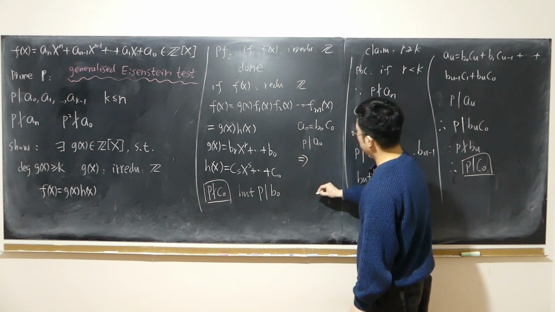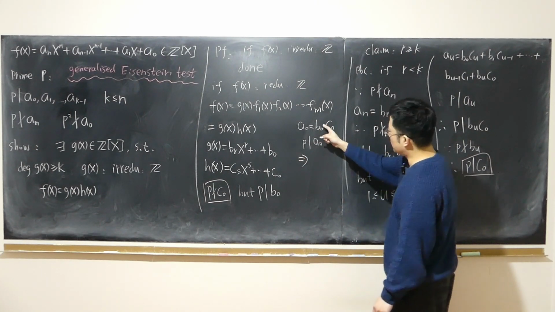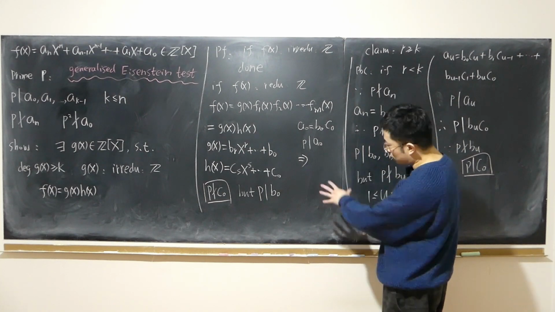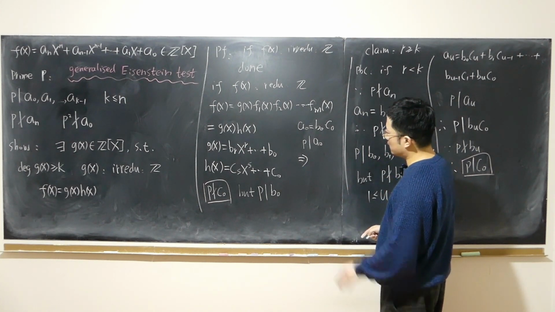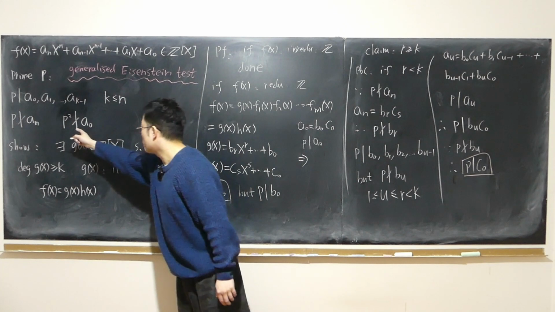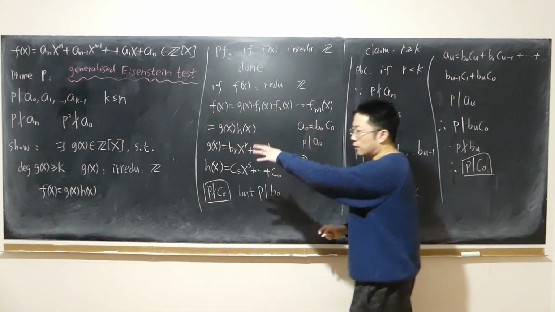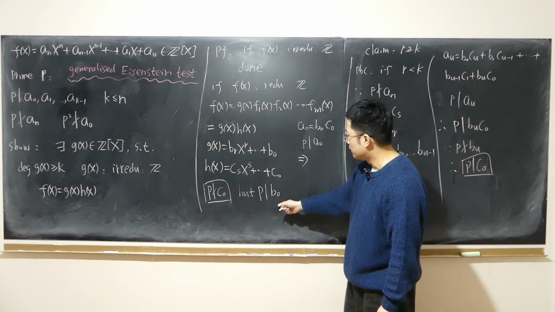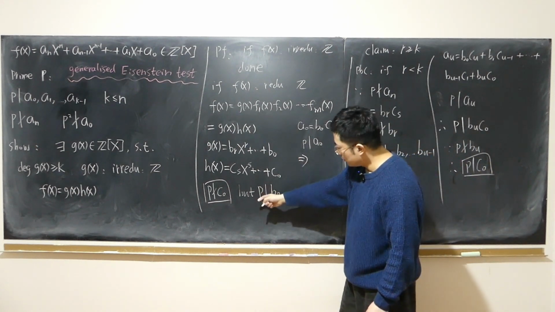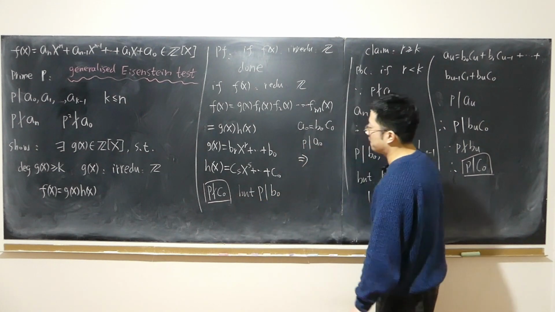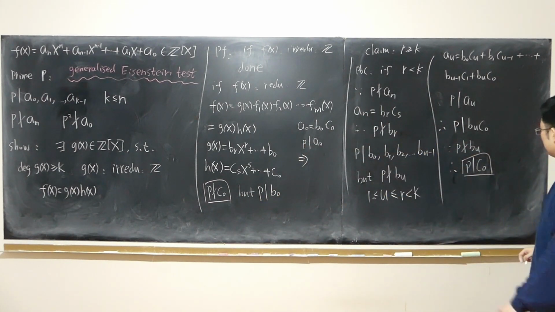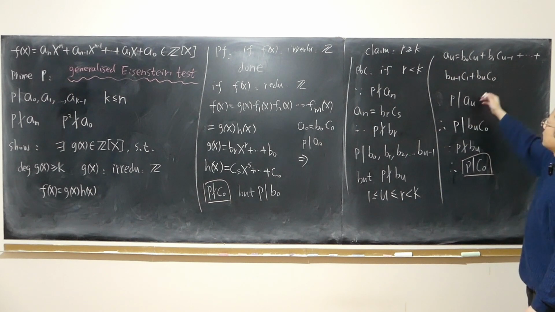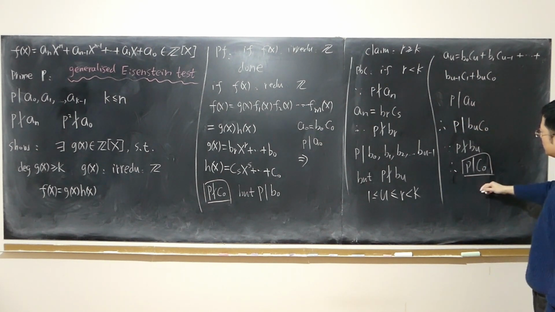Therefore P divides B_0 or C_0 or both. It cannot be both, because P squared cannot divide A_0. Therefore, without loss of generality, P divides B_0 but not C_0. That's the key step. Then I reached this conclusion: P divides C_0. Contradiction. That's why.